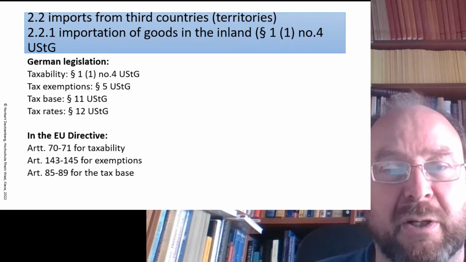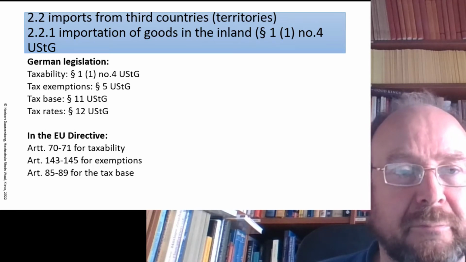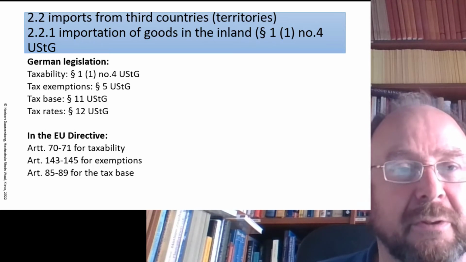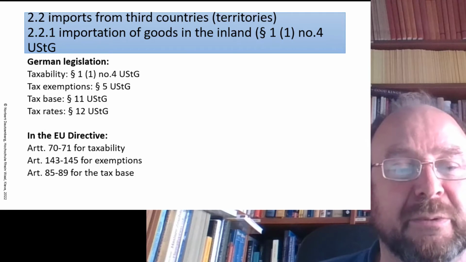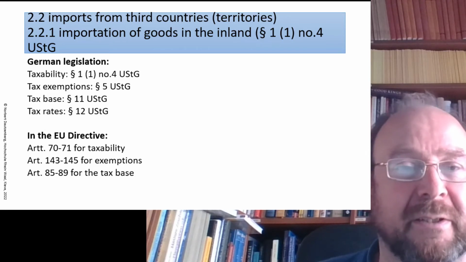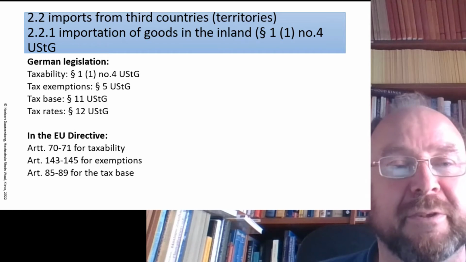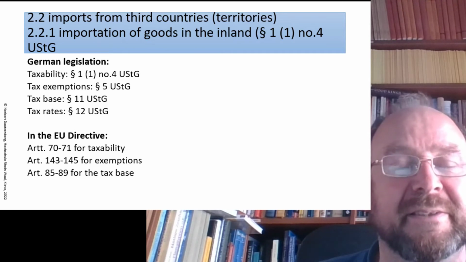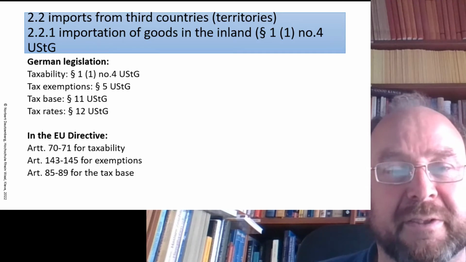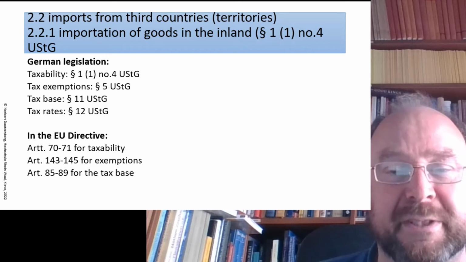Okay, because in general you can already register or keep in mind that in the EU directive, the tax exemptions are listed at the end of the testing scheme. So here they describe the regular flow of events first and then list the exemptions differently from the German testing scheme. That explains why the exemptions come later in the articles than the tax base.